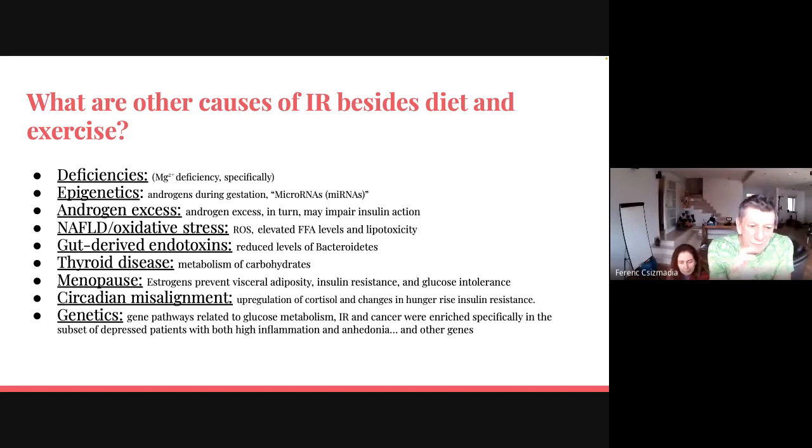I like most of the list. I think some of these may be associations, not causations. For example, the gut stuff, bacteroidetes, I cannot pronounce it either.